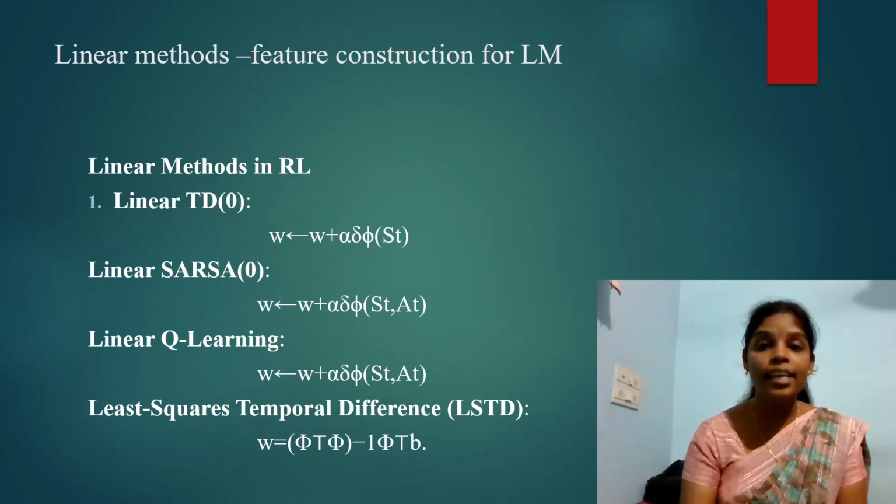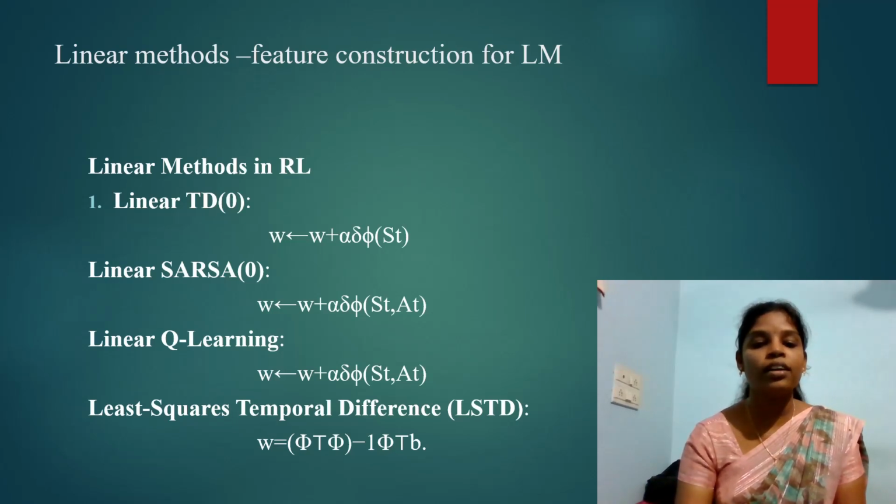What is it? Least squares temporal difference. Least squares temporal difference converts the problem into solving with matrix A inverse. The minus 1 is called least squares.